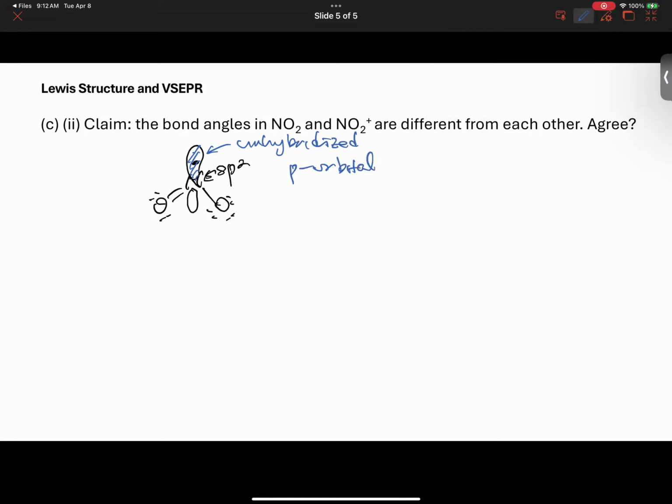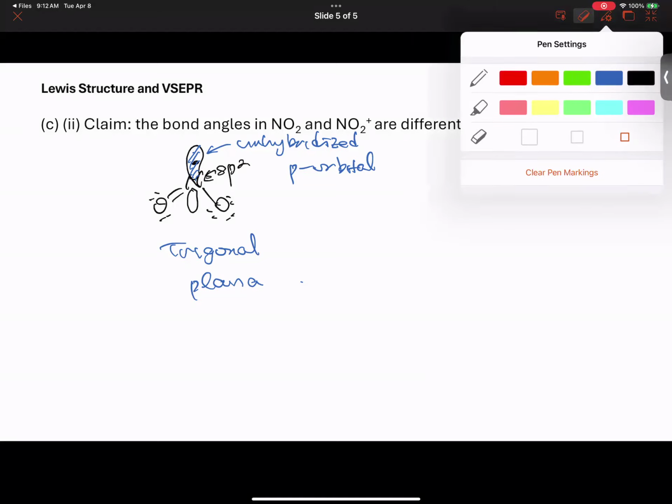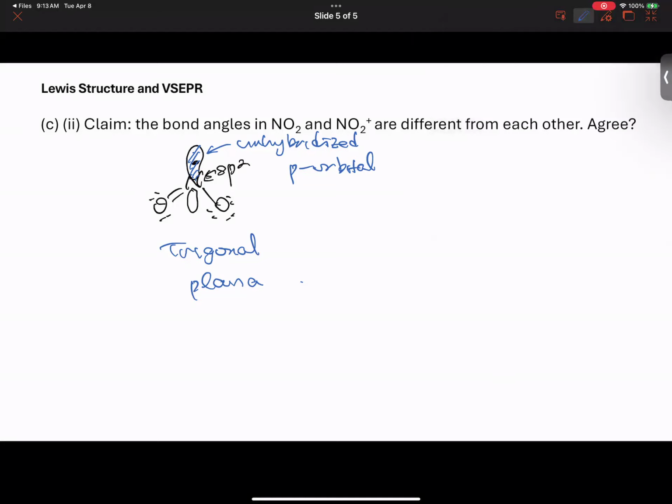So this is sp2, and the structure is trigonal planar. The bond angle will be close to planar. Let me erase it and write it again. This bond angle will be around 120 degrees, a little bit smaller than 120 degrees. We don't need to know the exact value.